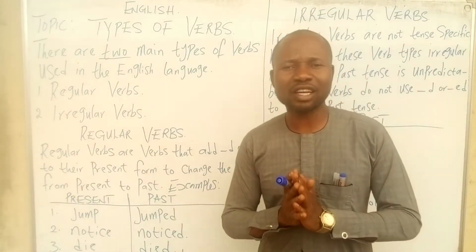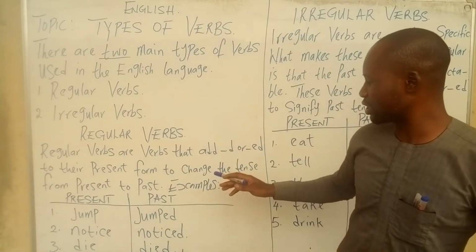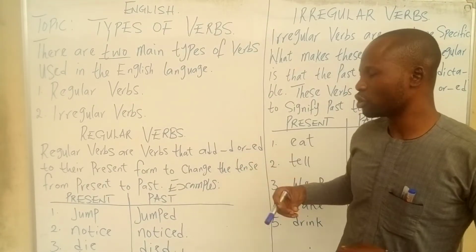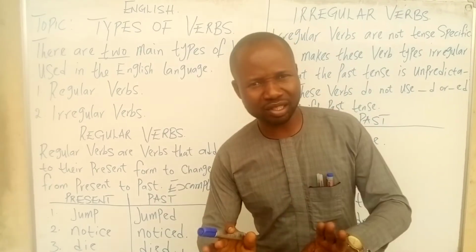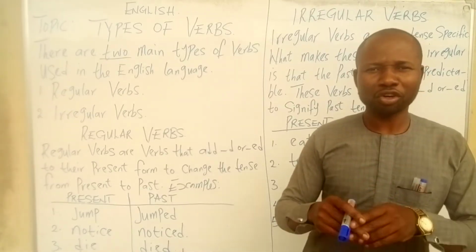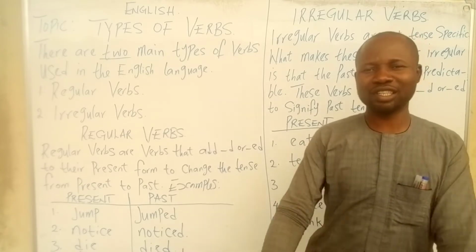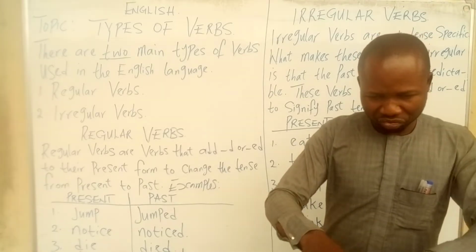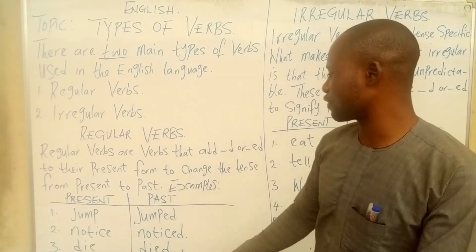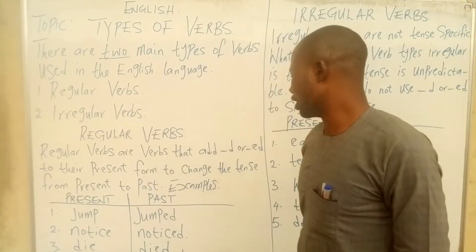Yes, they simply add d or ed to their present form. Sometimes I call it the root, or their originator, or their beginning. Now let's quickly look at how these verbs do this magic.